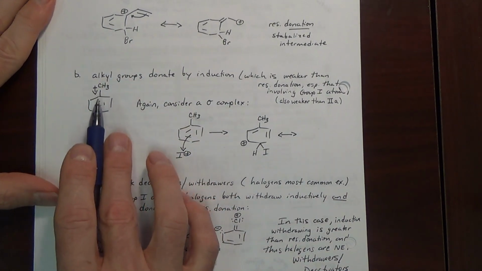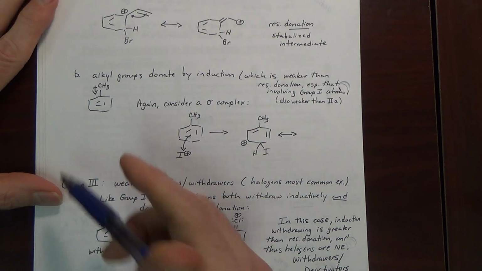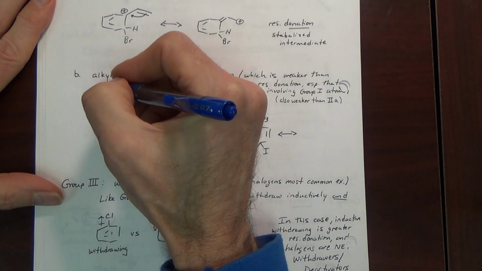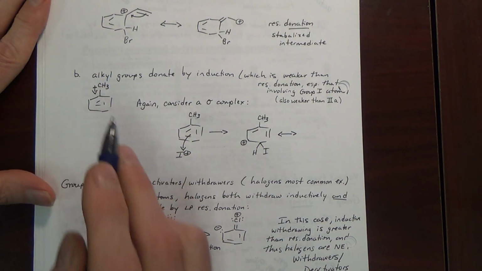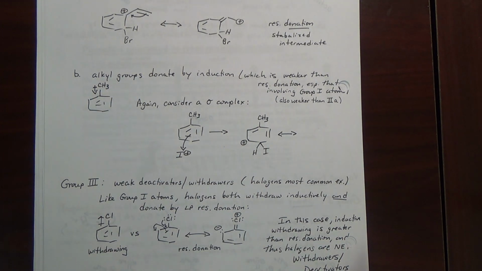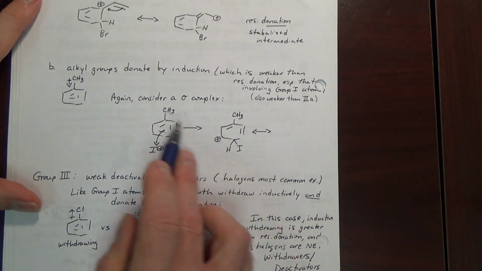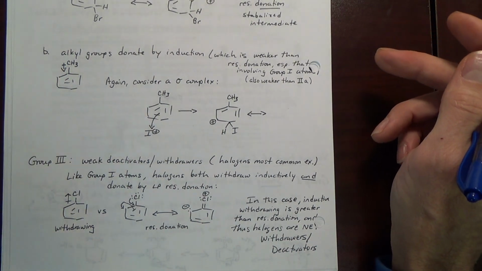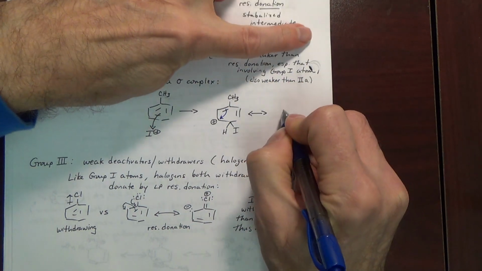Now the second subgroup here is your alkyl groups, like a methyl. This compound is called toluene. It donates by induction. Now here we can't show any resonance structures, because you don't show resonance structures when you talk about induction. This is sigma bonds. But if we consider a sigma complex, just like above, and we show resonance structures, we can do these down like this.